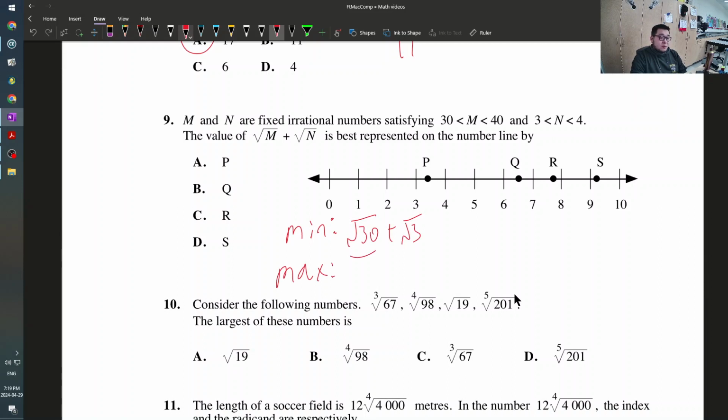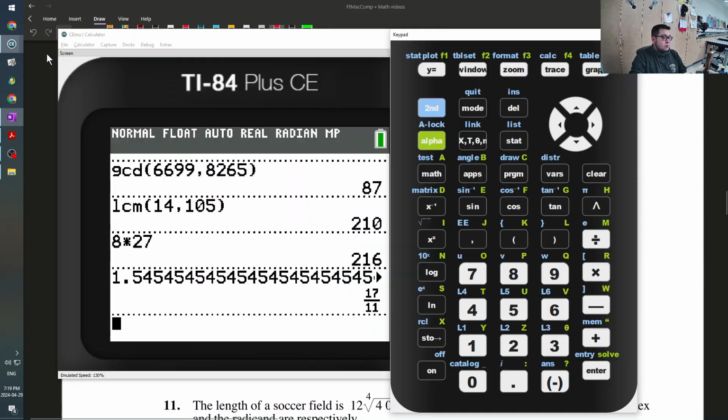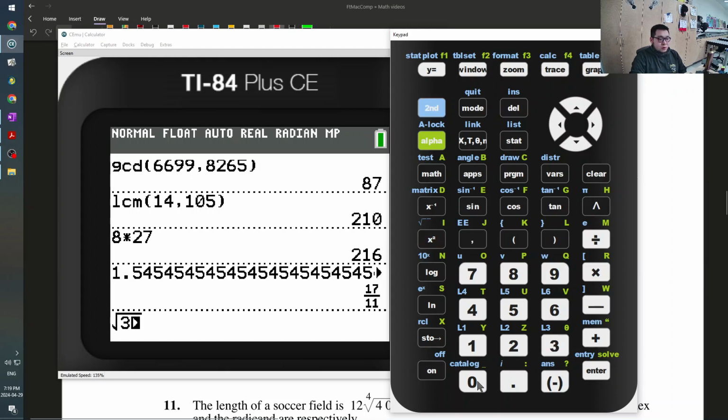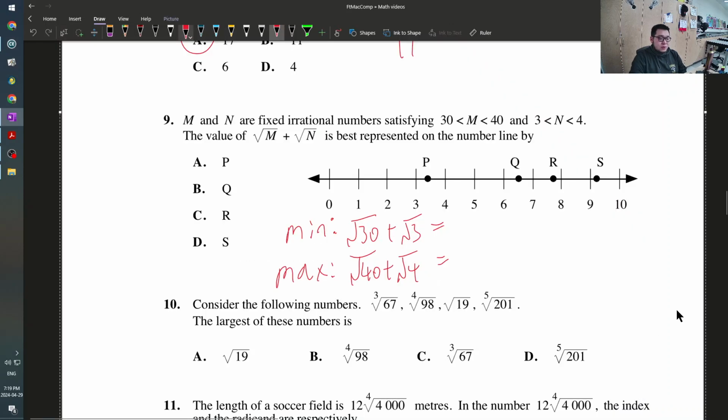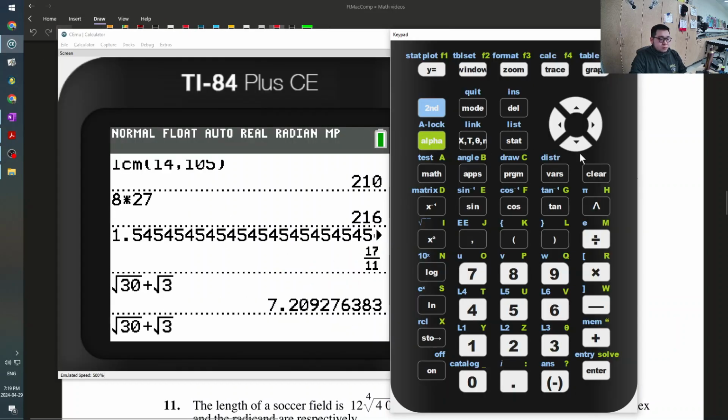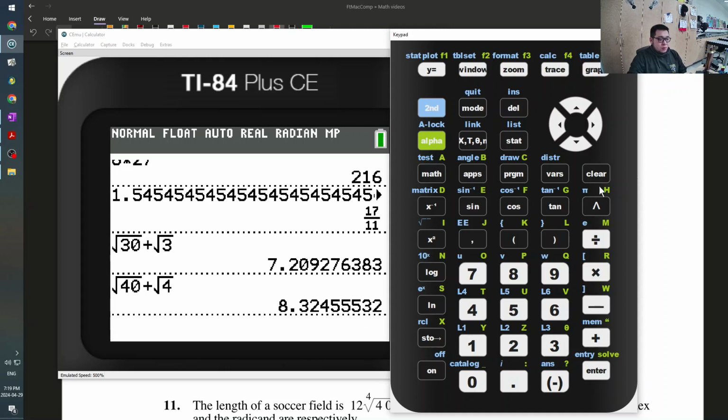Well, pick the bigger numbers, square root of 40 plus square root of 4, which is 8.32.